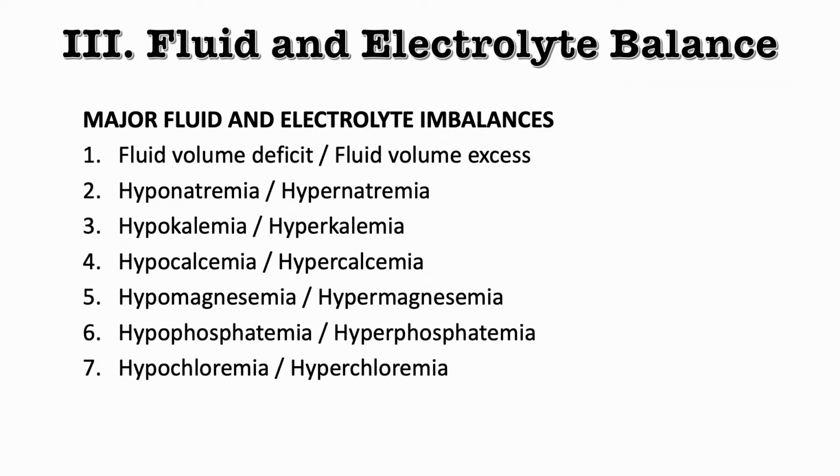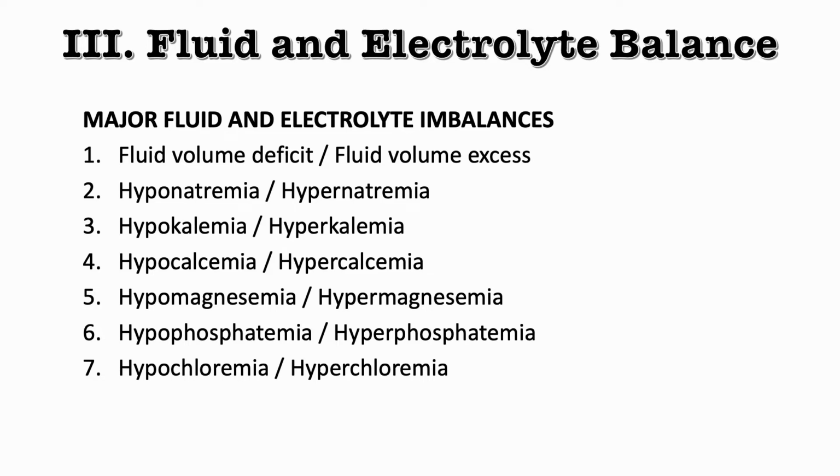What are the major fluid and electrolyte imbalances? We have hypovolemia, hypervolemia, hyponatremia, hypernatremia, hypokalemia, hyperkalemia, hypocalcemia, hypercalcemia, hypomagnesemia, hypermagnesemia, hypophosphatemia, hyperphosphatemia, and hypochloremia, hyperchloremia.